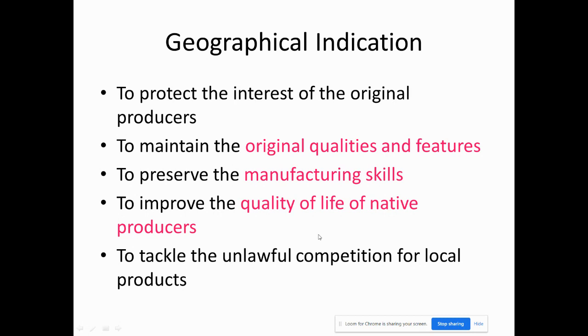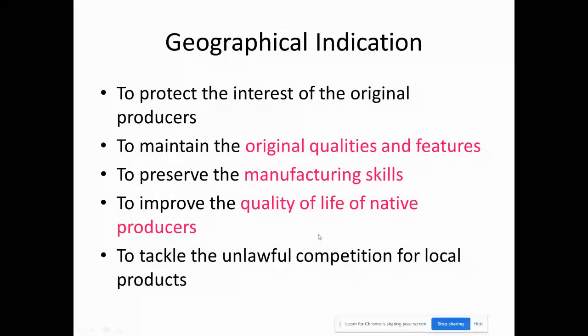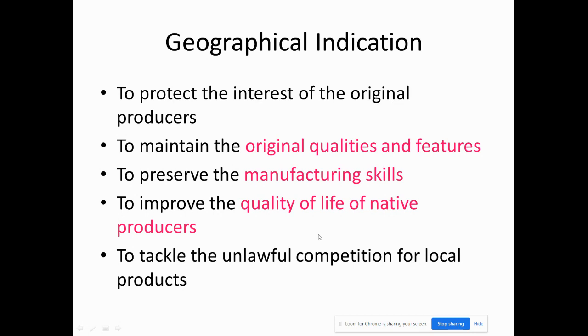It is a method to improve the quality of life of native producers. See, what happens is if you protect the skill of a local place or a territory, ultimately the product becomes more popular because of the place. More and more people will go and buy that particular product.